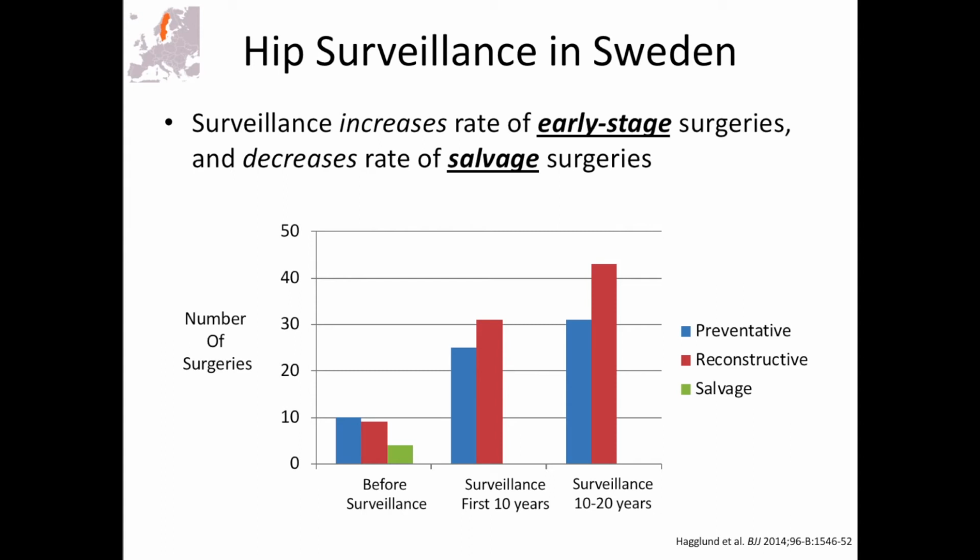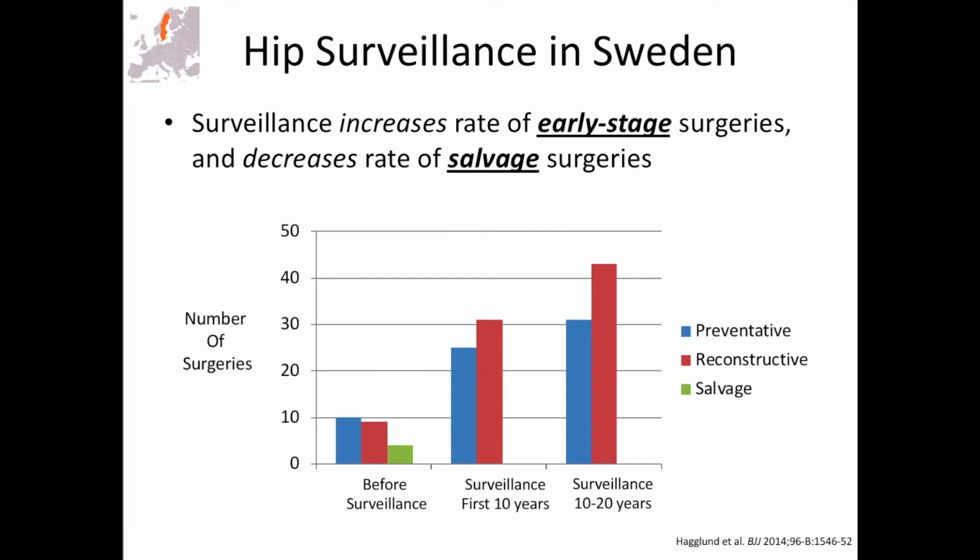These are surgeries that are less effective for children because they involve removing parts of the hip completely, rendering the hip more floppy and less functional. In the first 10 years of hip surveillance, salvage surgeries were eliminated, and in the second 10 years, the number of preventative and reconstructive surgeries went up as well.